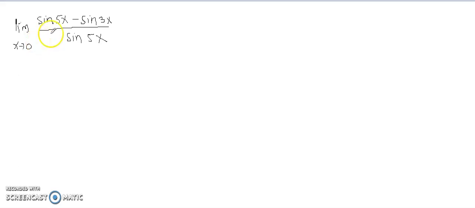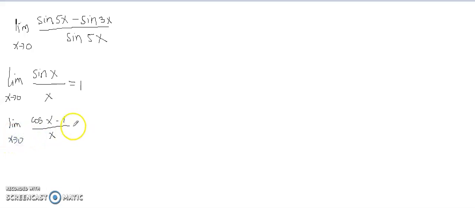Okay, so we have this: the limit of sine x divided by x as x approaches 0 is equal to 1. And the second one is the limit of cosine x minus 1 divided by x as x approaches 0 is equal to 0.